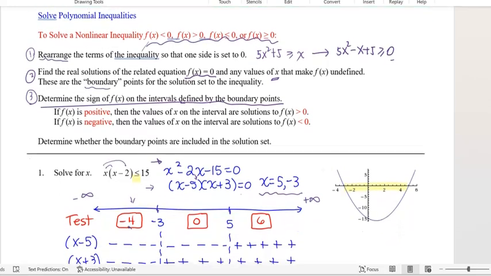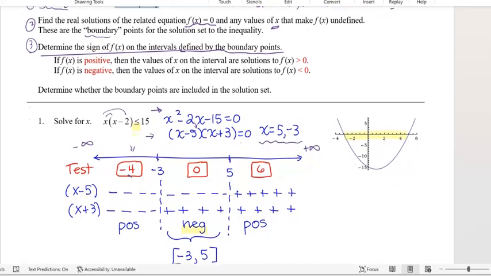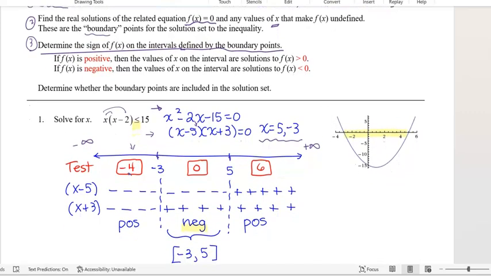So then I plug in. When x is -4, I plug it into the given f(x), and I get a positive number.